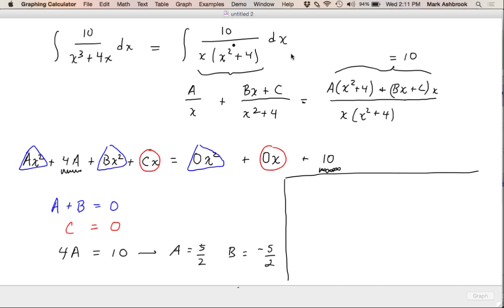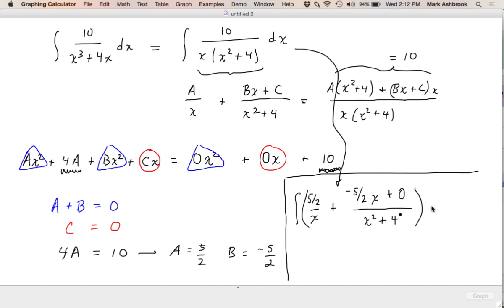So our integral then is equivalent to what? Integral of 5/2 over x, that's our a over x, plus negative 5/2 x over x squared plus 4, plus 0, that's our c. And that whole thing times dx.